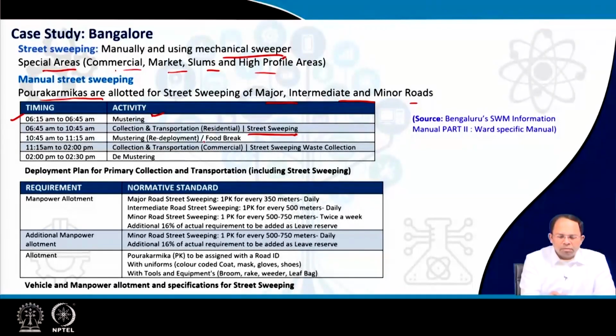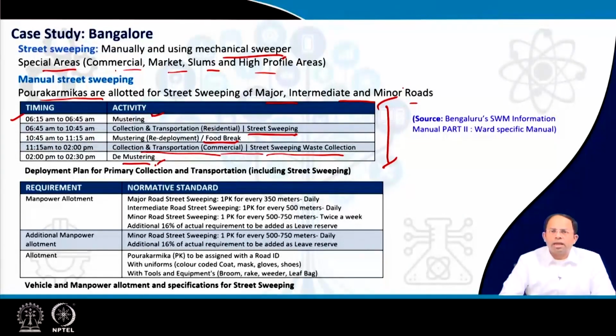They will take a food break, and sometimes they are redeployed to some other areas as well. From 11:15 to 2, again collection, transportation and street sweeping. They do another phase of street sweeping after they are taken to their location. And then finally at 2 to 2:30 they will return, clean up, and then the day's work ends. So this is the basic schedule of street sweeping in Bangalore.